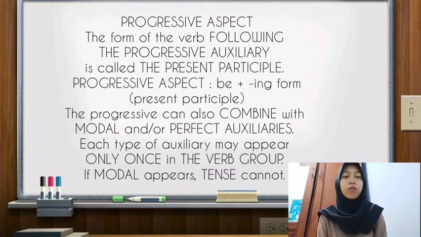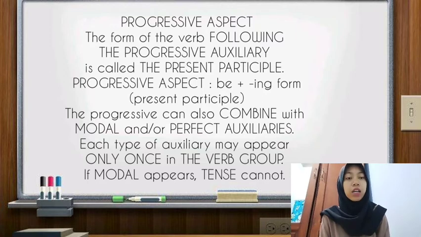The form of the verb following the progressive auxiliary is called the present participle. Progressive aspect is be plus ing form or present participle. The progressive can also combine with modal and or perfect auxiliaries.